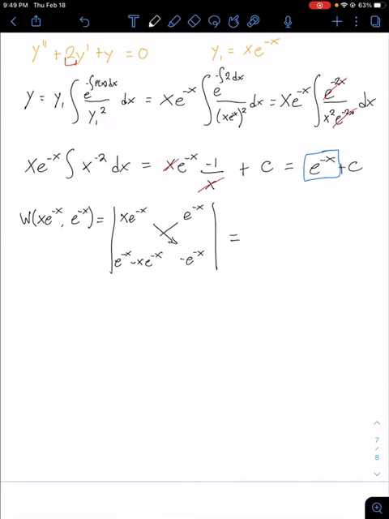Then we multiply and subtract that multiplication there. So we have x e to the minus x times minus e to the minus x minus e to the minus x times e to the minus x minus x e to the minus x.